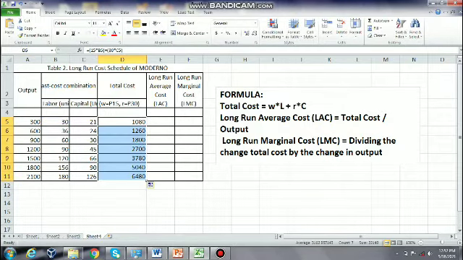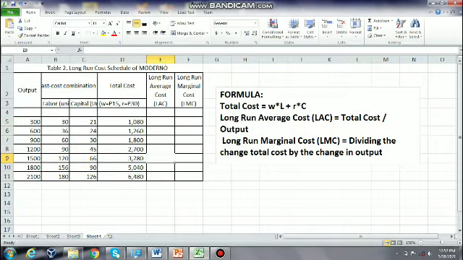To compute the long run average cost or LAC, it is total cost divided by the output, 1,080 divided by 300, equal to 3.60, and the rest will go on.